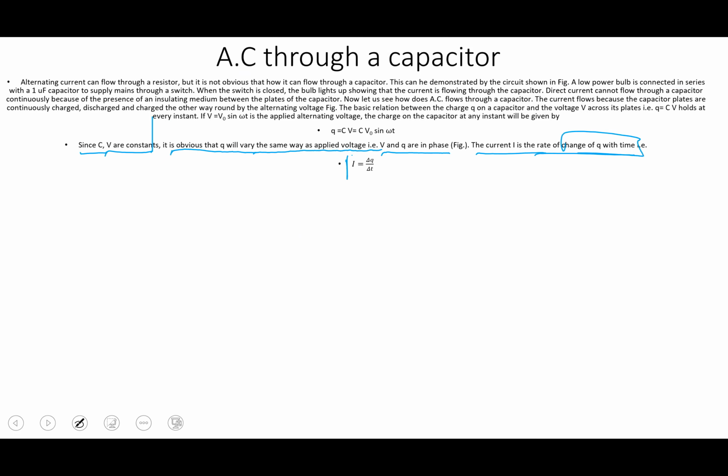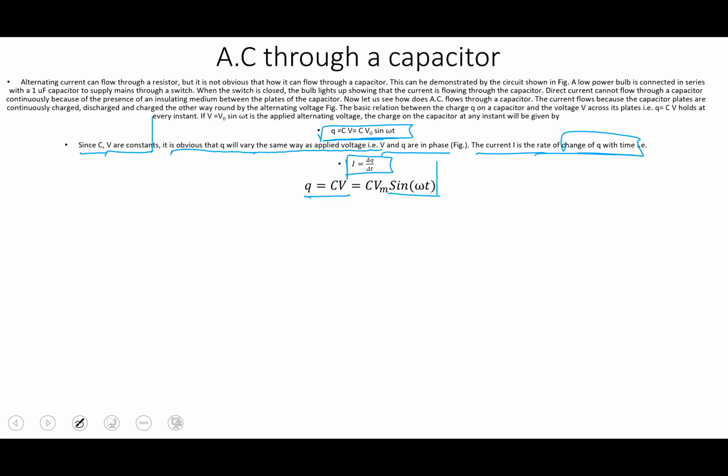So we can represent it mathematically as I = ΔQ/Δt, the change in charge divided by time. Now, if we want to use mathematics in this one, Q = CV, as we can see over here in this formula, which is equal to C V maximum sin ωt.